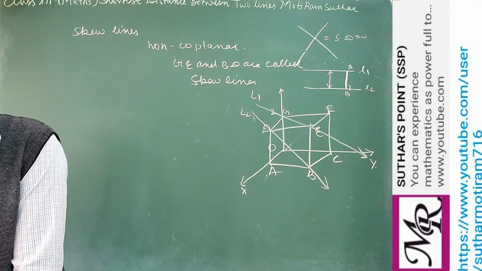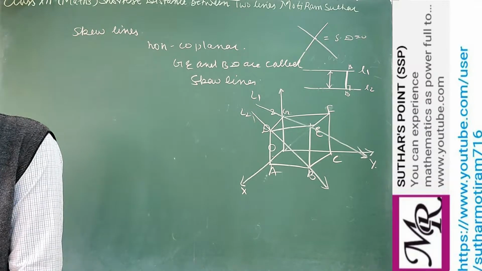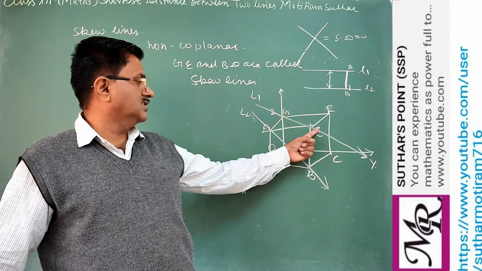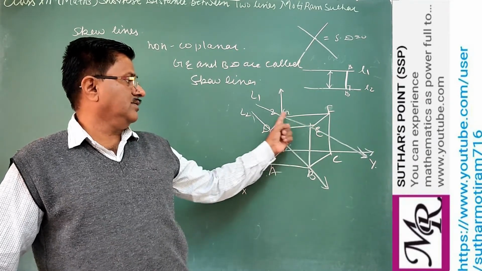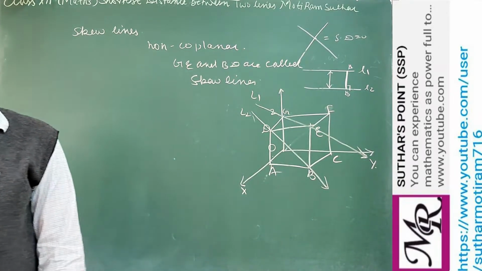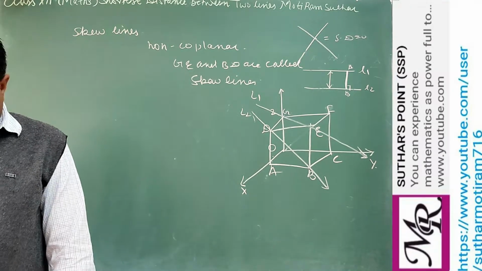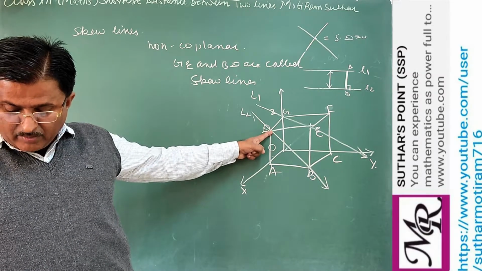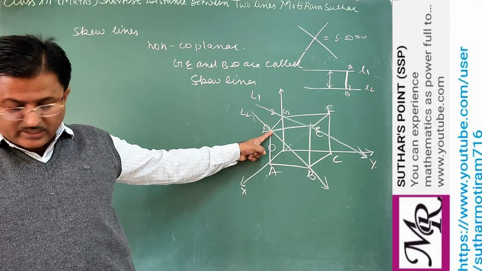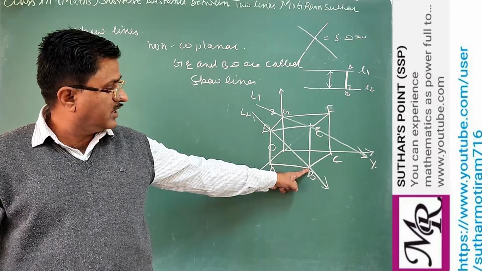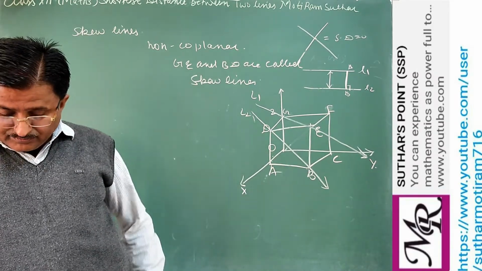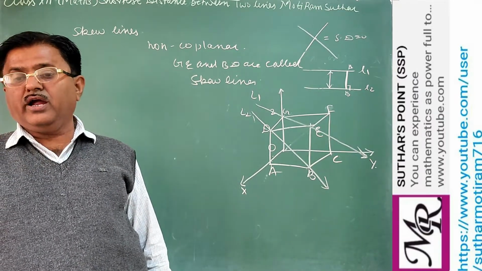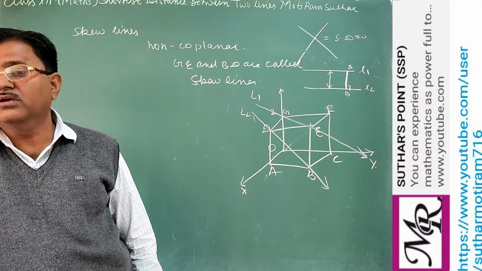So one may say here that GE goes diagonally across the ceiling of the room, and line BD passes through one corner of the ceiling, directly above it, and goes diagonally down the wall. Clear?